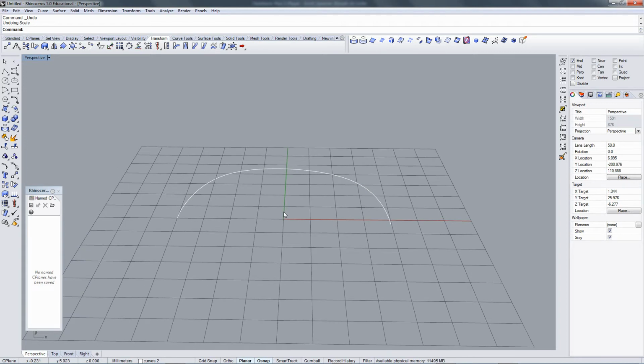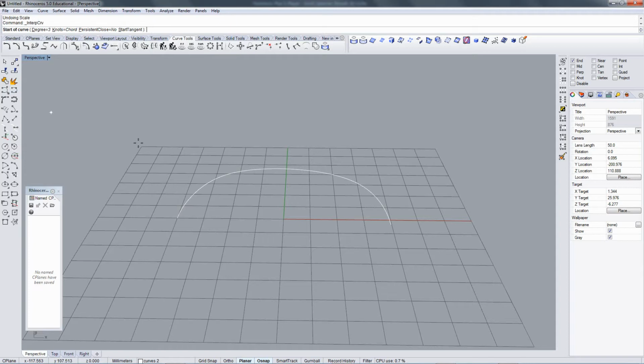A lot of people think that means you can draw on the C-plane. You set up a C-plane so you can draw on it. That's a very positive way of thinking, but it's not exactly accurate. You can't draw anywhere else. Whatever C-plane is active is the only place your mouse can go. This is it. It's all you've got.